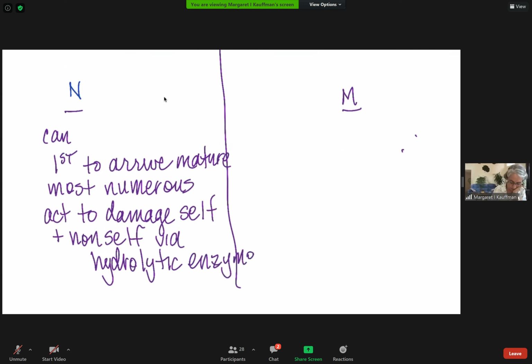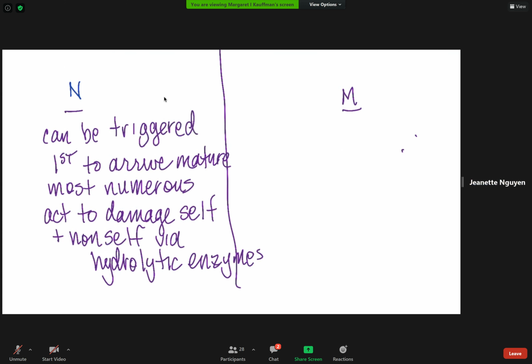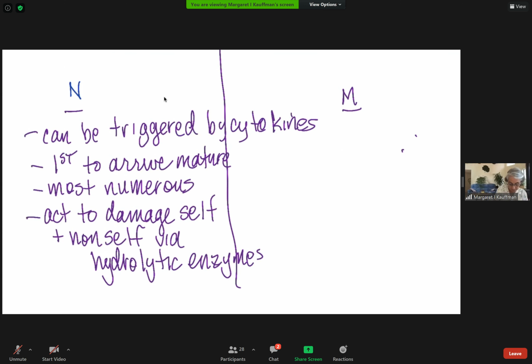Okay. And then early on, you said they can be triggered by cytokines. Mm-hmm. They're early to arrive, probably in part because they're most numerous of all of them, right? Like 50 to 70% of white blood cells.